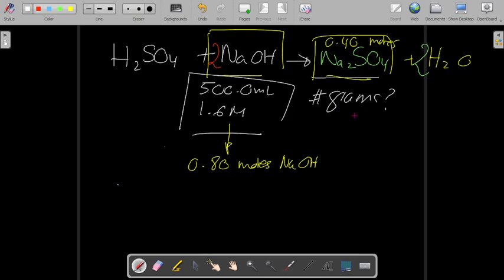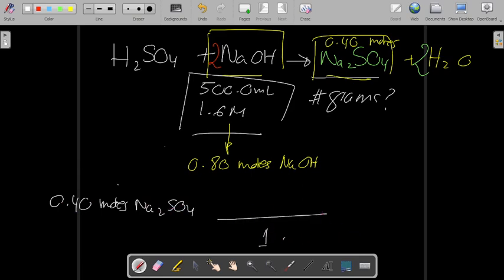But I have a way to find the number of grams. I can find how many grams are in 1 mole of that substance by adding the AMUs for each atom present. I'm going to do it directly. So basically, I would start with 0.40 moles of that sodium sulfate.